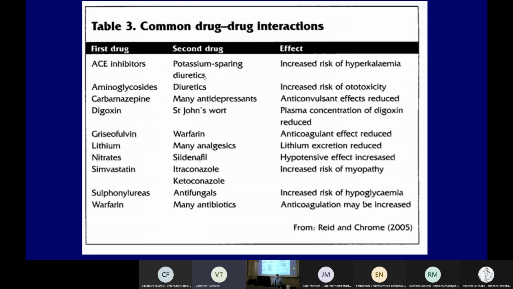You see in this table the common drug-drug interactions. It's really a limited table, because normally it's a very long table, but these are the most famous examples of the different classes of drugs and the effect of the blood protein displacement.